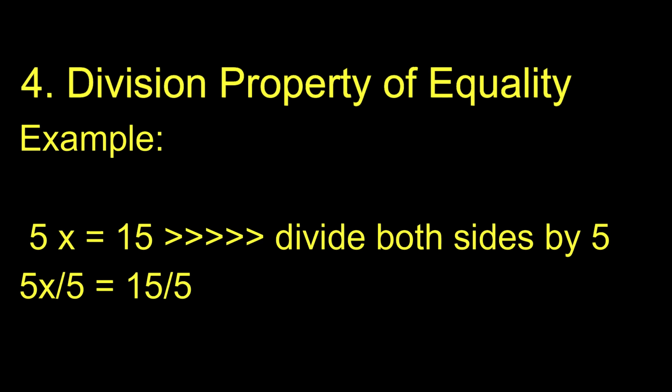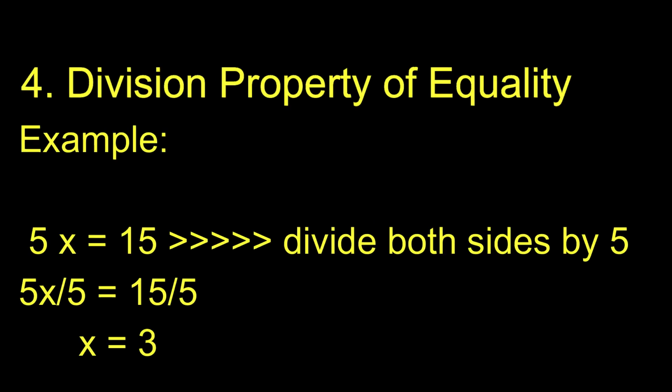So 5x divided by 5 is equals to 15 divided by 5. Cancel natin yung 5, that will be x na lang. So is equals to 15 divided by 5 is 3, so x is equals to 3.